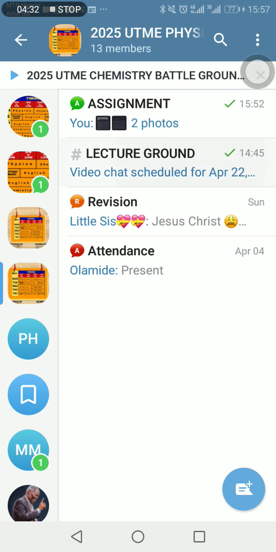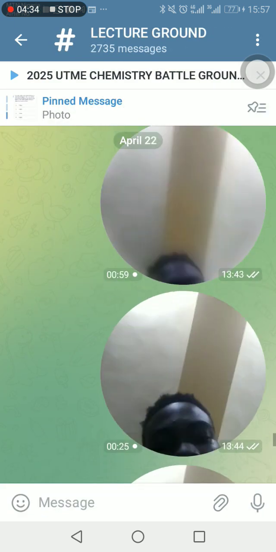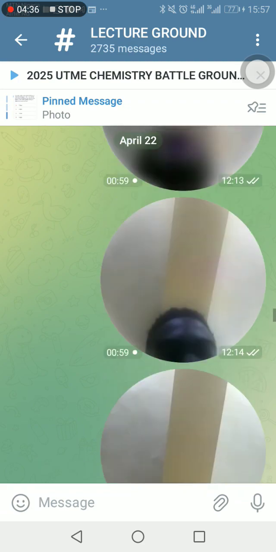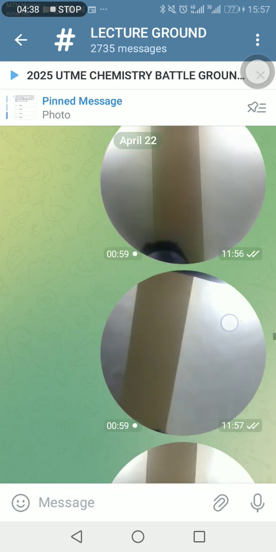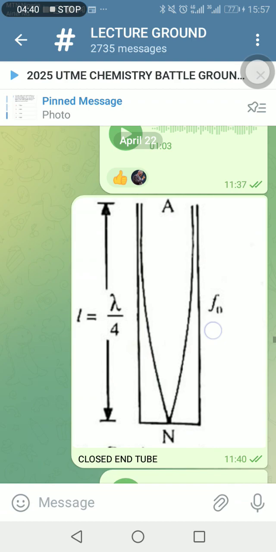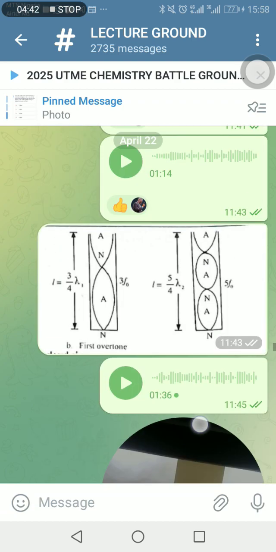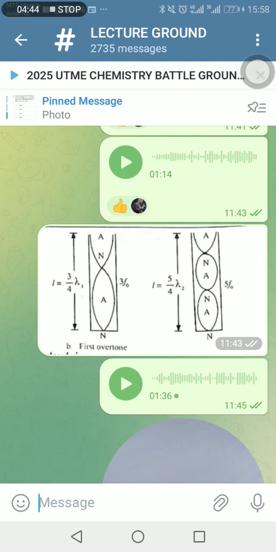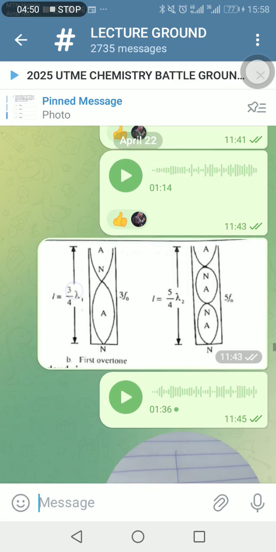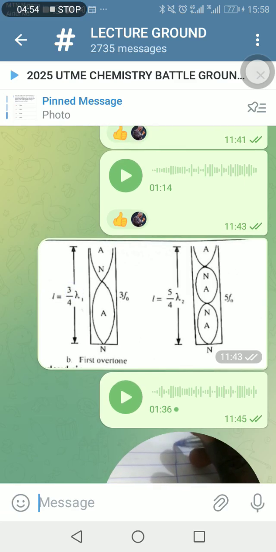So, lecture ground. I explained them in a video, but I also sent some pictures that carried some formulas. You see this picture right here. It's about closed end. You see this L equals 3 over 4 wavelength 1. That wavelength 1 is the wavelength in the first overtone.